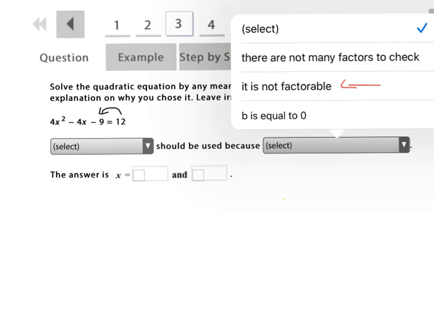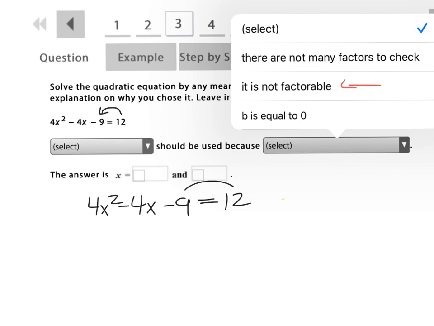So how do we complete the square? 4x squared minus 4x minus 9 equals 21. Remember, with completing the square, you go through that whole process. But again, the whole idea here is to find a way that's easy. So the methodology is complete the square, but I'm not going to solve it that way. What I'm going to do is use the quadratic formula.